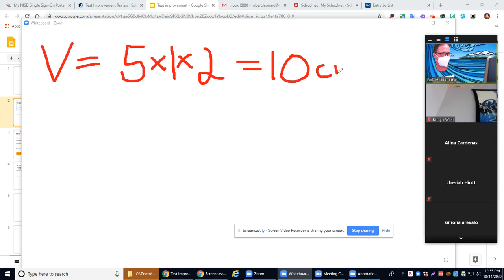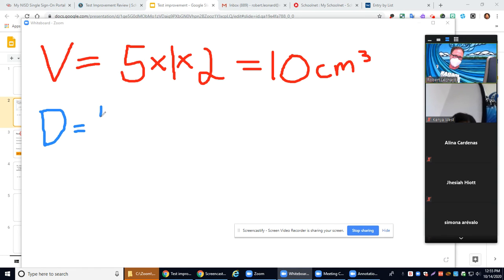Okay, so that is step one of that problem, calculating the volume of the cube. Step two, we need to calculate density. Again, always write your formula first. Density is equal to mass divided by volume, is equal to, in this case, my mass was 90 grams. That was given to us in the problem.